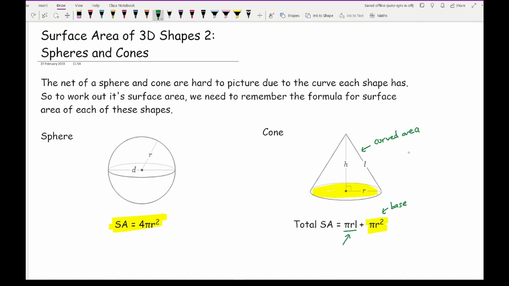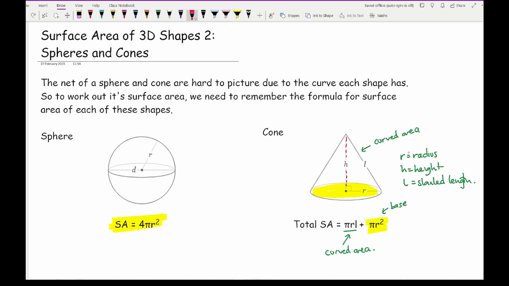Now L is the slanted length, so this is the curved area where r equals the radius, h is the perpendicular height and L is the slanted length. In some cases, as you may be able to spot, we have a right angle triangle.